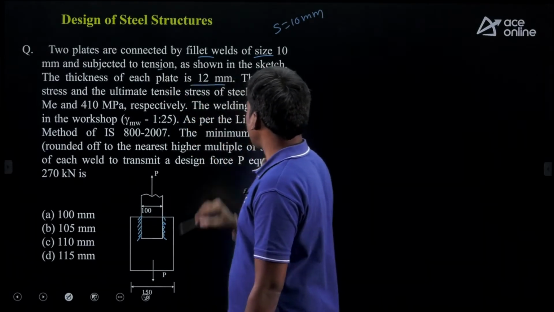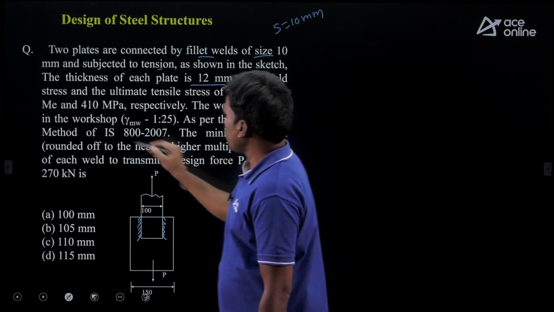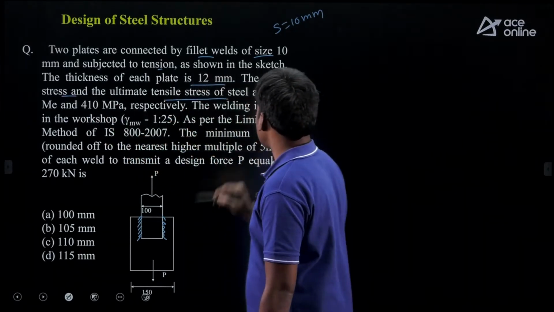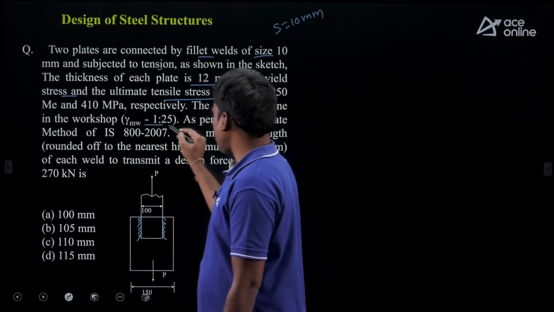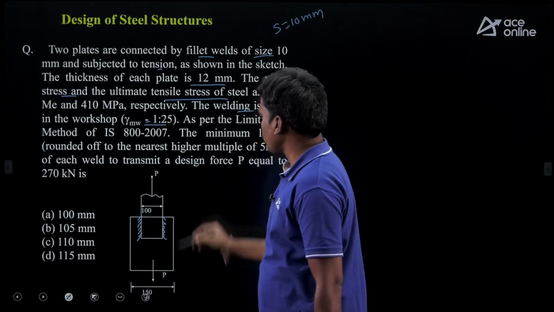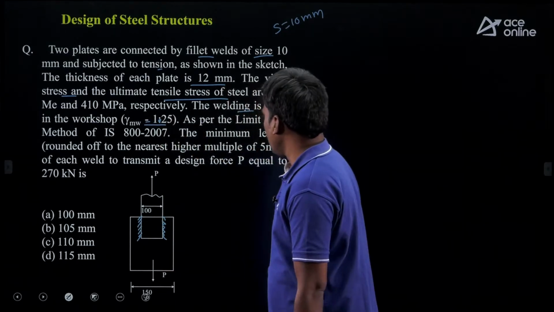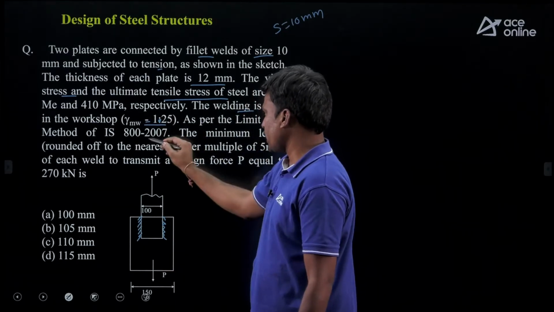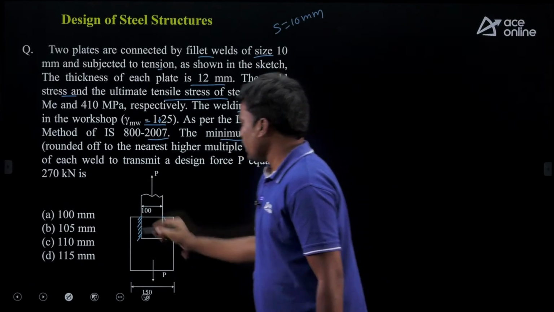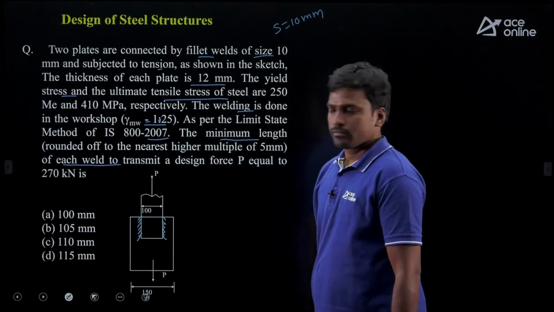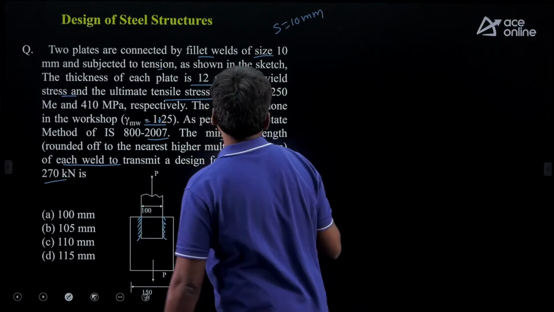Thickness of each plate is 12 mm, and yield stress and ultimate stress are given. The welding is done in the workshop, so the partial safety factor is given as 1.25. As per the limit state method IS 800-2007, the minimum length on each side is asked, and the load is given.